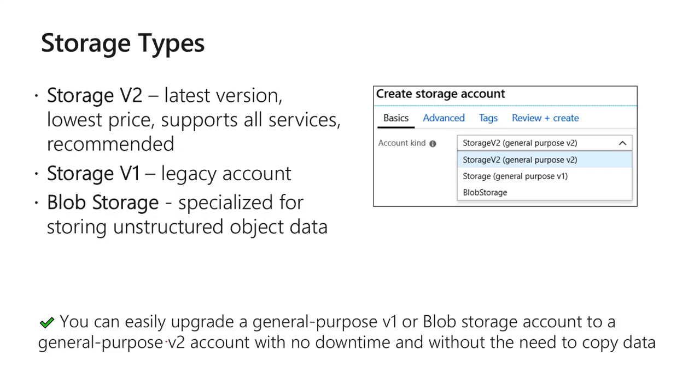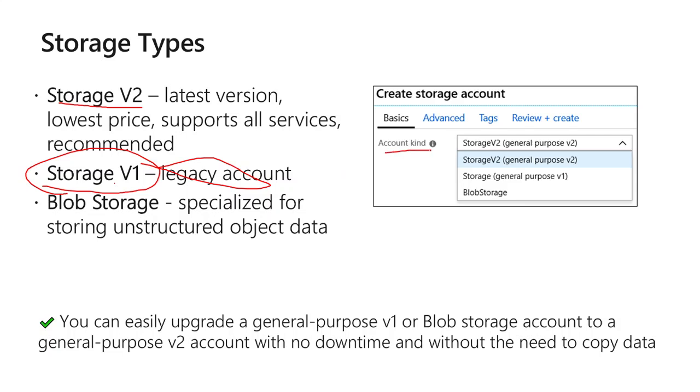Now, earlier we had storage account types V2 and V1. V1 is not available anymore. It's called a legacy account, so you don't need to focus on that. But some interviews might ask you what kinds of accounts there are. It's not a performance tier, it's the kind of account.